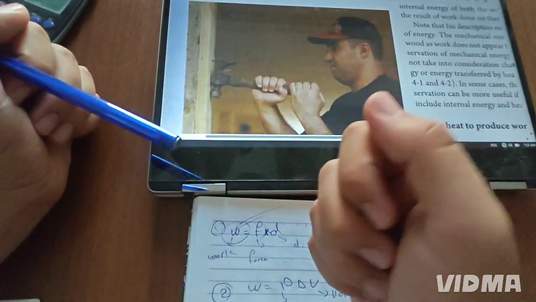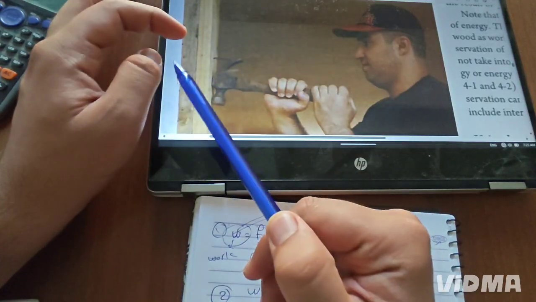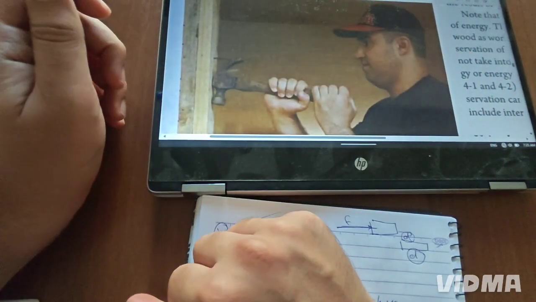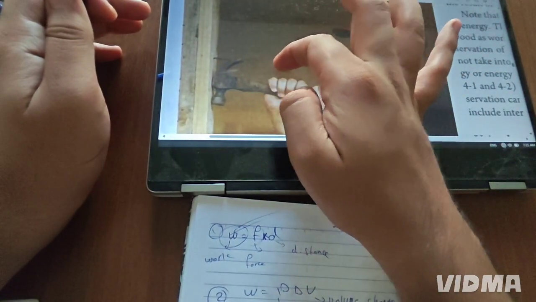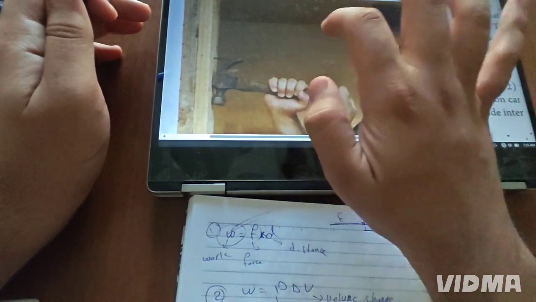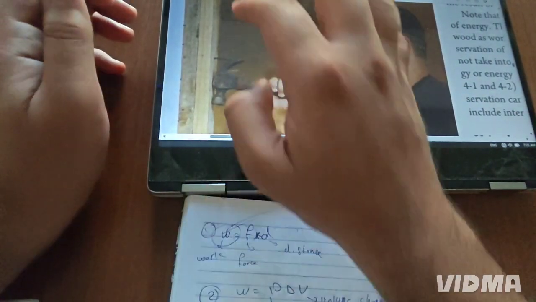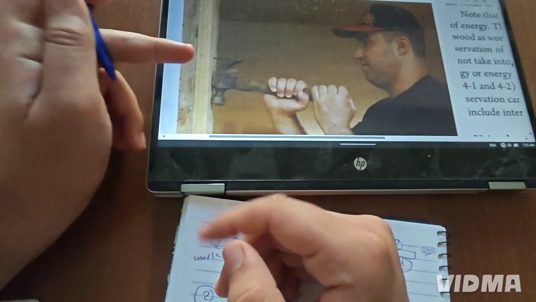He's applying force to take out this nail from this wall.